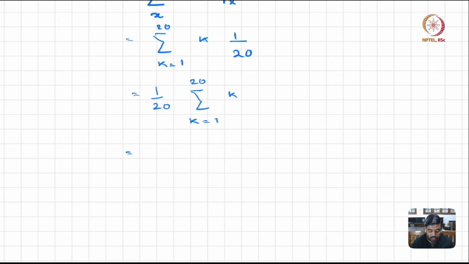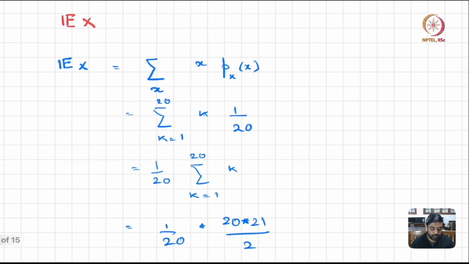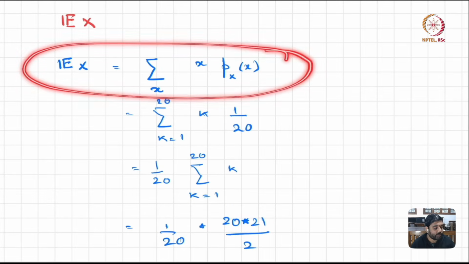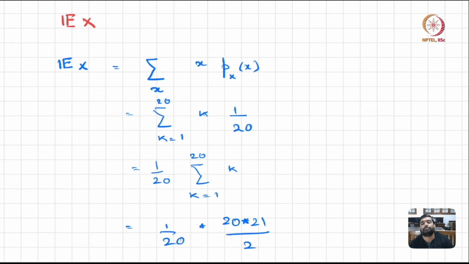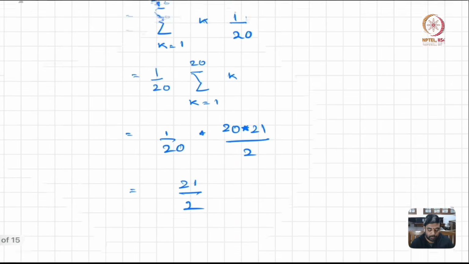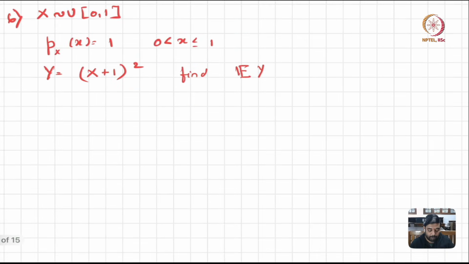You should know this: 1 over 20 into 20 into 21 by 2. Remember the formula for the sum of n numbers? This is 21 by 2. This is how you calculate the expectation of a discrete random variable. After that, it's numericals, it's algebra.